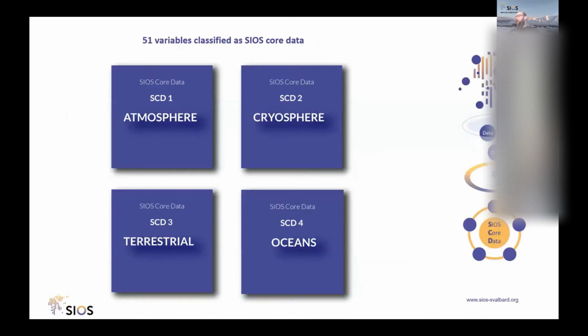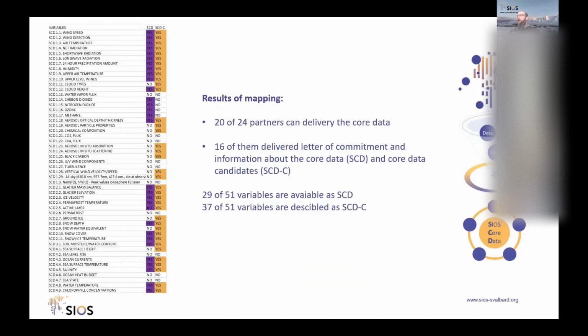As a result of last year's work, we have defined 51 variables, which have been classified as the SIOS core data. They have been divided into 4 domains: atmosphere, cryosphere, terrestrial, and ocean. Going into some details, making a mapping of the commitment from our partners, we can see that 20 of 24 of our partners can deliver core data, as they have long-term monitoring on Svalbard or around Svalbard.